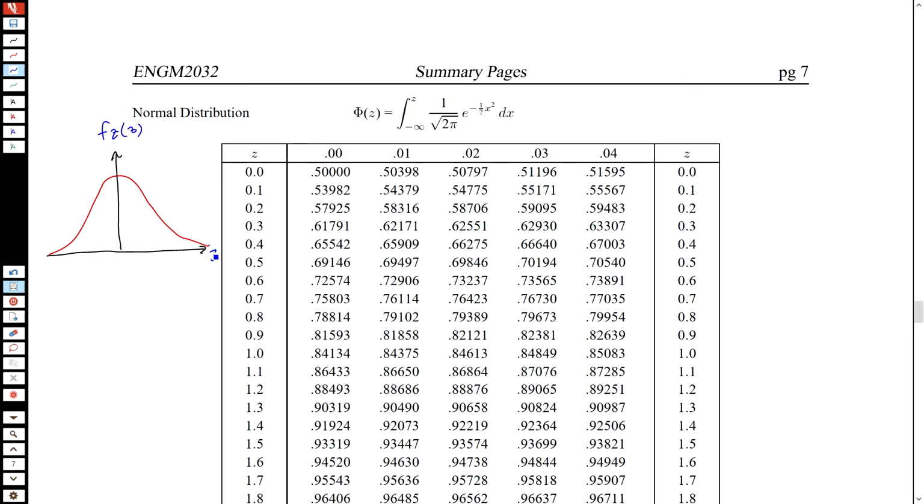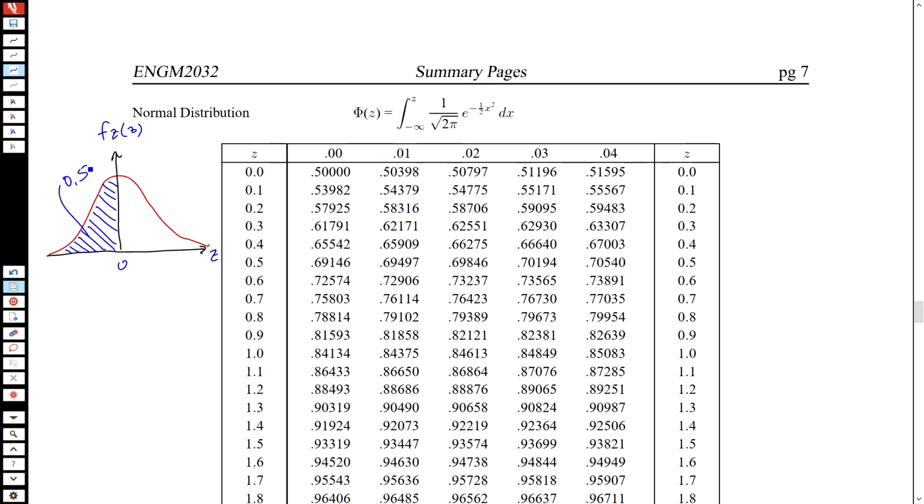Basically, this table gives me, if this is 0 here, everything to the left of the point we're looking at. So we know that this one here is 0.5.